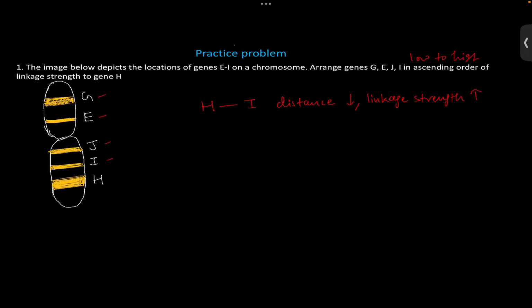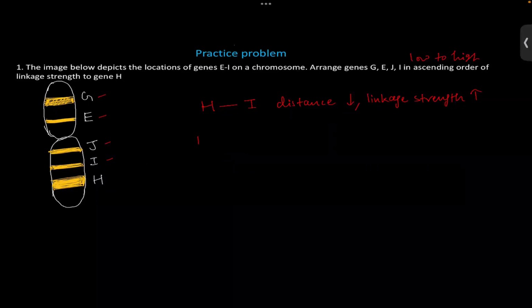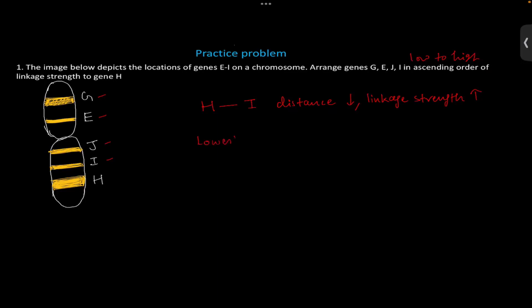Okay, so let's do it. With respect to H, G is farthest, right? So if we were to write from lowest linkage strength to highest linkage strength, gene G is farthest, so it will be loosely linked to gene H, because G and H can easily get separated through the recombination process, right?